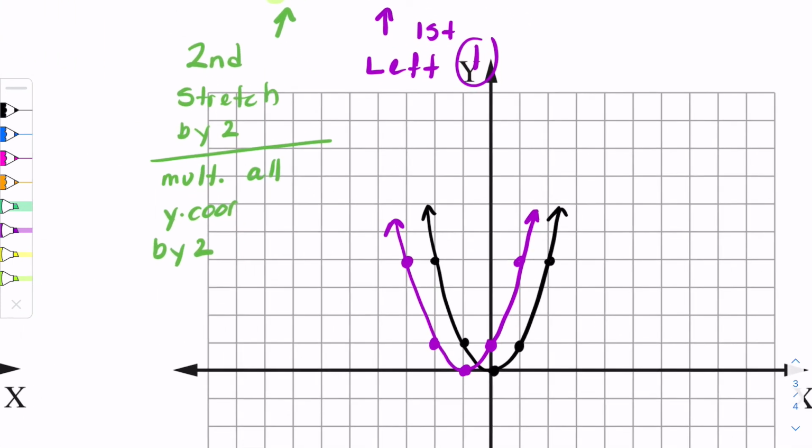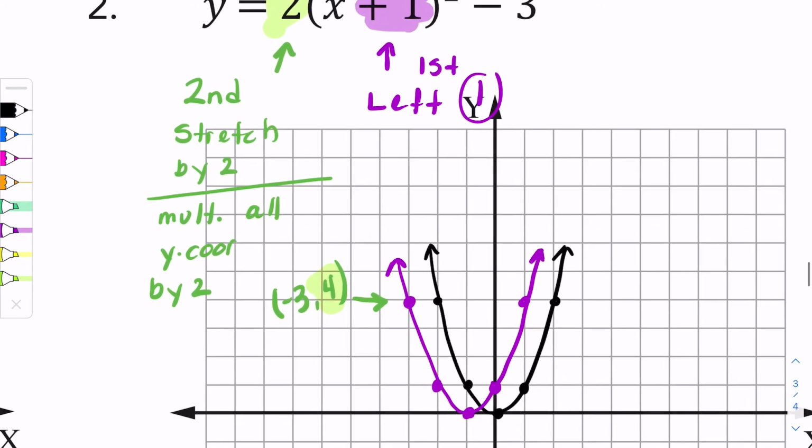That means I look at this purple graph up here. This point is at negative 3 comma 4. If I multiply the y coordinate of 4 by 2, because I'm stretching it by a value of 2, I would regraph this point at negative 3, 8.